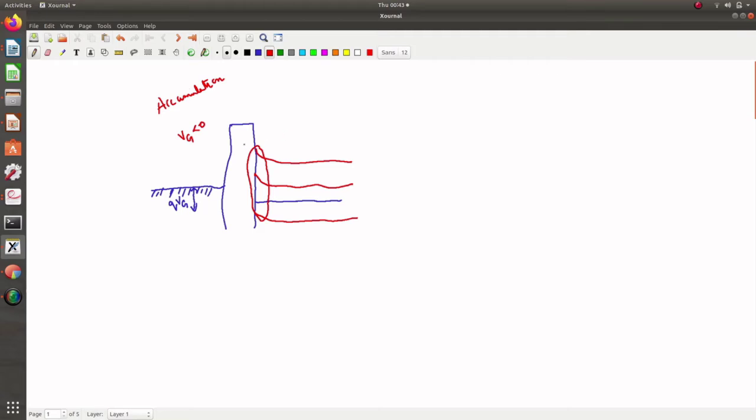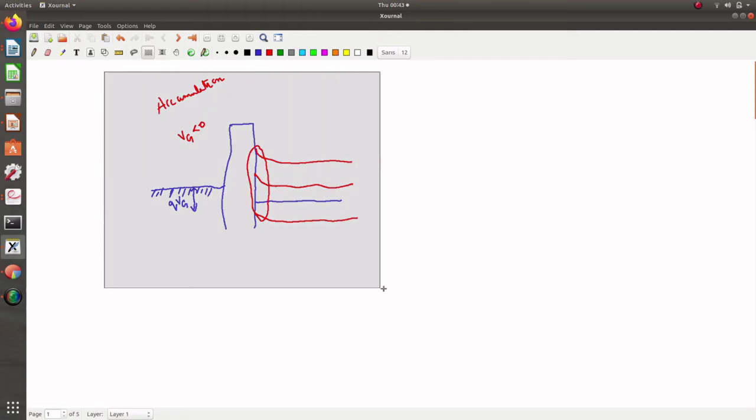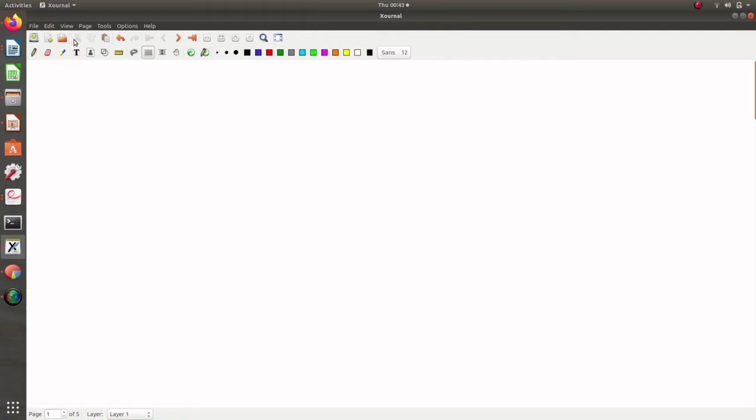Now, similarly, if we draw the band diagram for the depletion, which happens when Vg is greater than 0 in case of the p-type semiconductor, the band diagram will look like this.